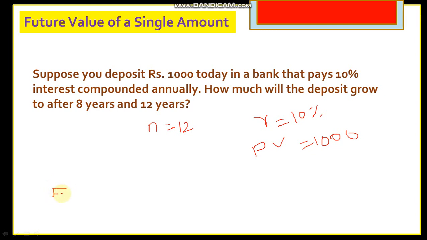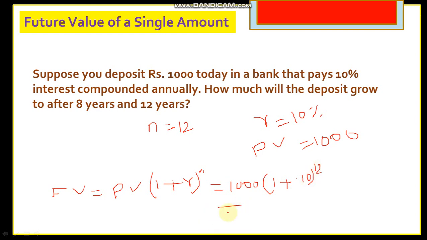My future value that I'm going to calculate here is equal to my present value into 1 plus r whole to the power n, that is equal to 1000 into 1 plus 0.10, and in this case I need it to the power 12.